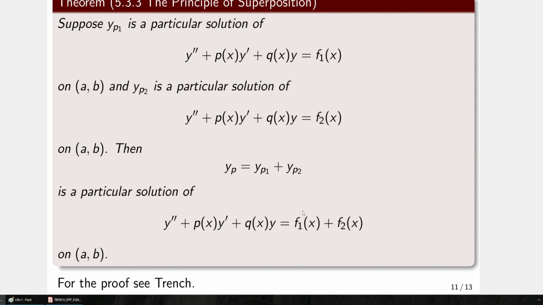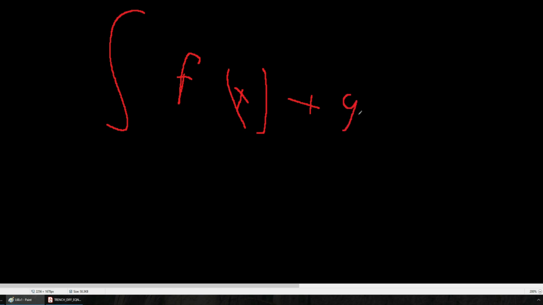Well, if I were to give you something like find a particular solution to something of this form, you can now make your life a little bit easier and your work a bit cleaner by solving these questions one at a time. It's kind of like if I were to tell you to integrate some awful sum of functions, really ugly looking functions.